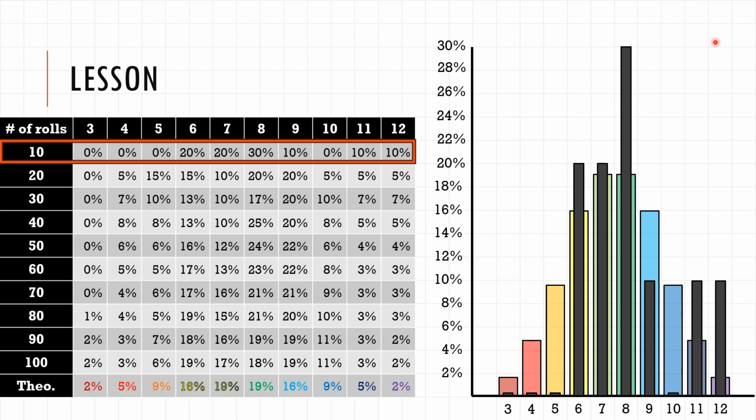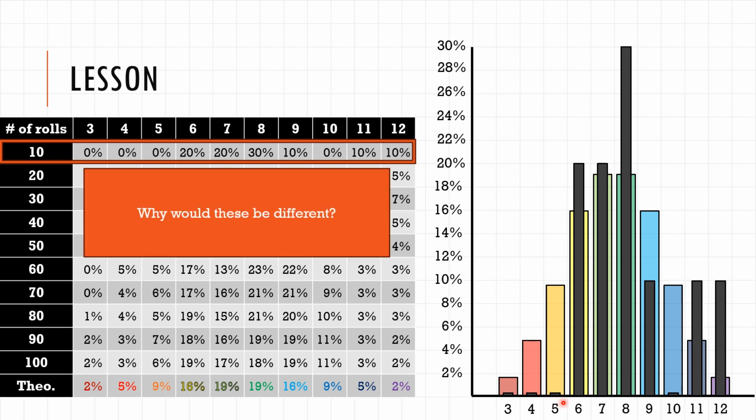Now keep in mind that the colors back here are the theoretical distribution. But the black columns are actually the experimental probability when we did 10 rolls. Notice that 8 is at 30%, 6 and 7 are at 20%, 3, 4, and 5 are at 0%. They're all the way at the bottom here.